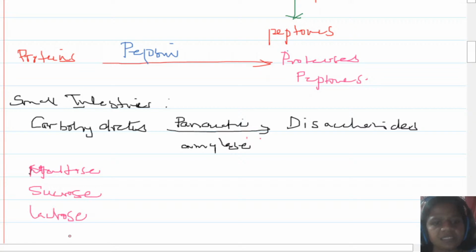These are the disaccharides. The disaccharides are not the end product of carbohydrate digestion. What are monosaccharides, right? So these need to be converted into monosaccharides. So maltose is acted upon by maltase.